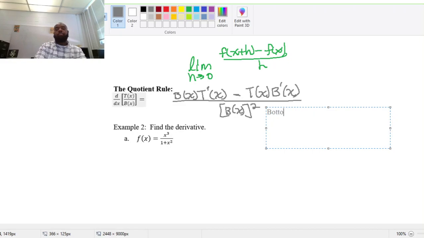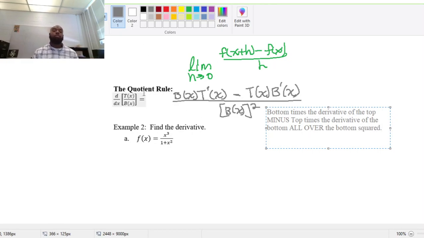It's bottom times the derivative of the top minus top times the derivative of the bottom all over the bottom function squared.